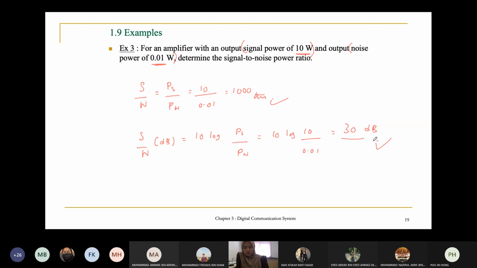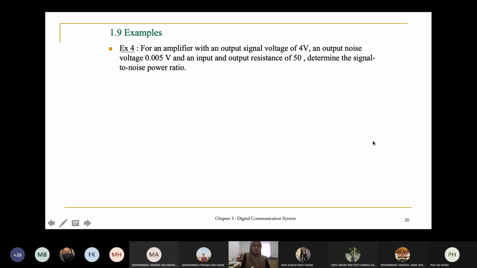For example 4, for an amplifier with an output signal voltage of 4 volt and output noise voltage of 0.05 volt and an input and output resistance of 50, determine the signal to noise power ratio.